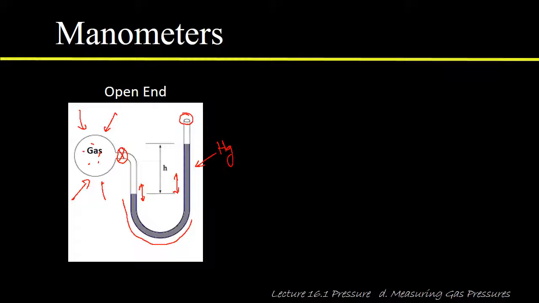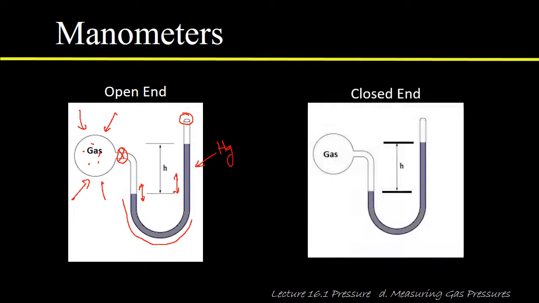Okay. The other kind of manometer is a closed-end manometer, and it's the same as the open end in all respects. It has this little valve here. The difference is that the end here is sealed, and this little chamber above the mercury, just like in a barometer, is a vacuum.